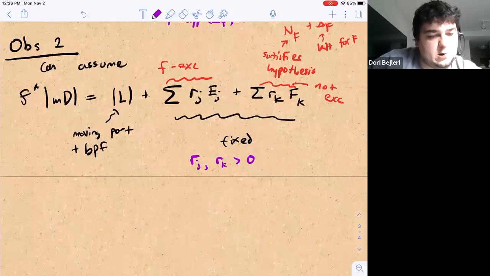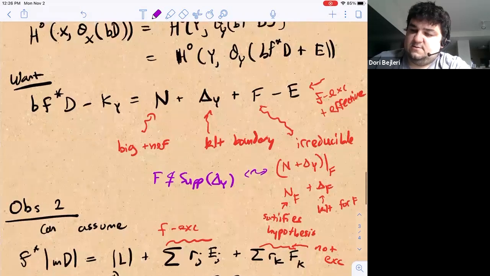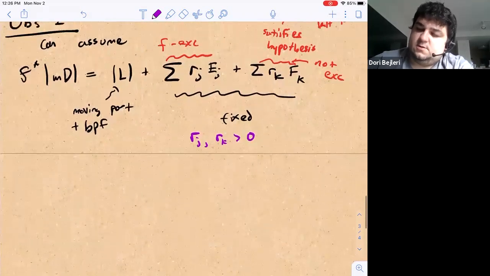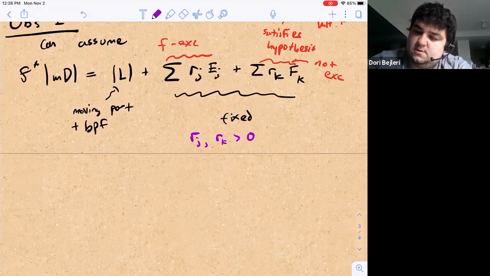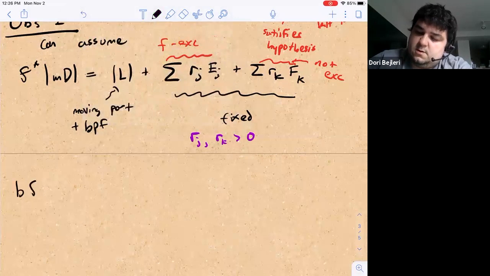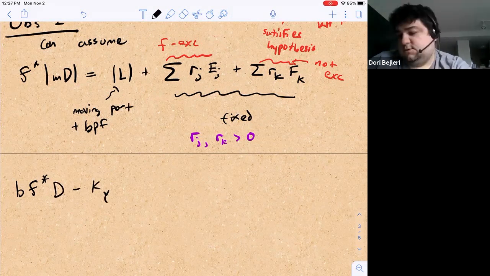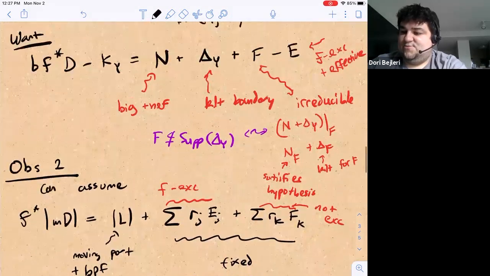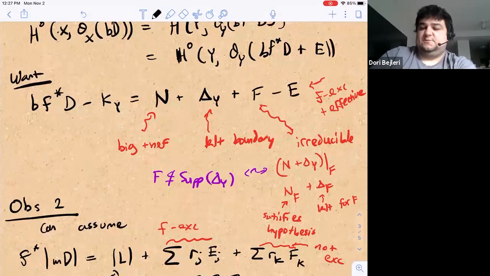So, okay, now we're going to find some linear combination that satisfies this requirement. So let's write BF upper star D minus KY equals, okay, so for n and delta and f and e, we want to pick divisors that we have some control over.